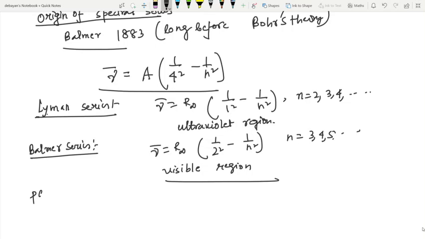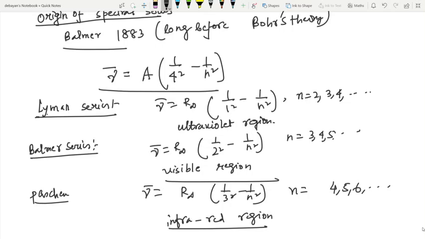The simplest case is the Lyman series: the electrons which fall from different orbits to orbit number one, the light emitted falls in the ultraviolet region, and we recognize this as the Lyman series.